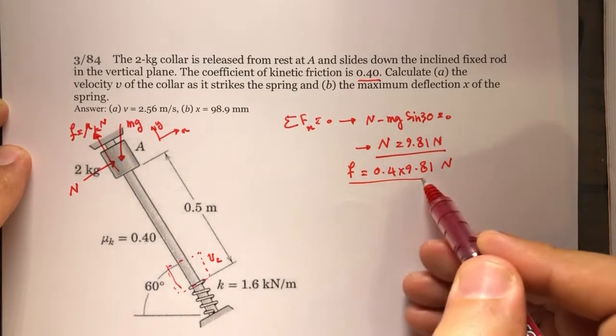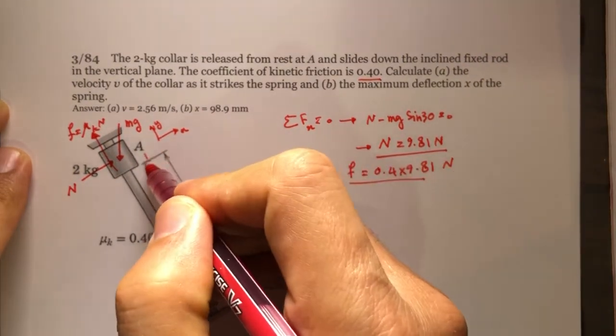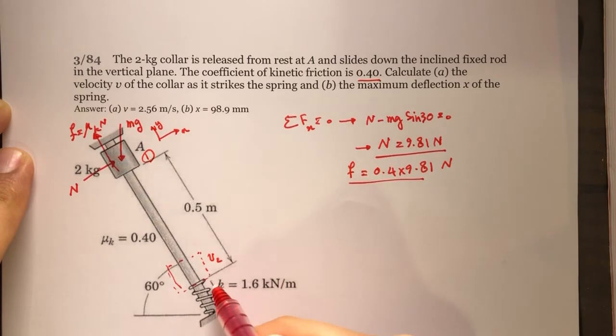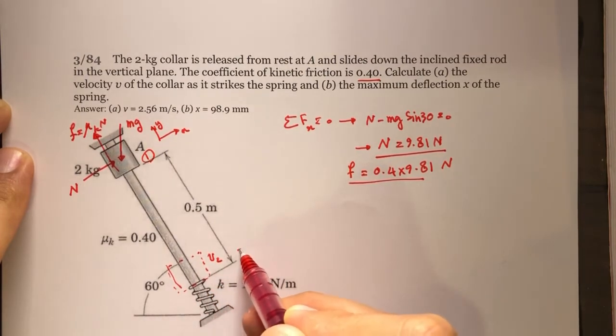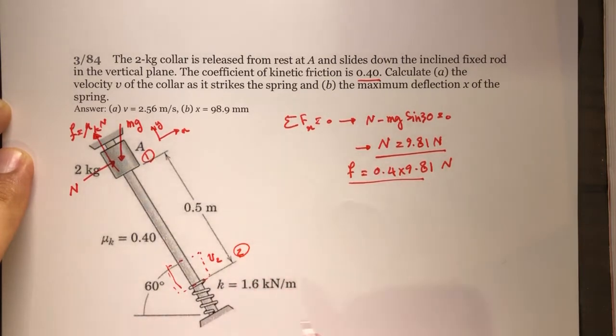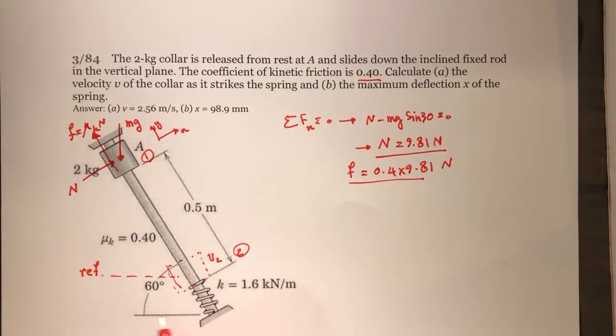Now I can use the work energy equation. Let's call this point 1, and the moment when it is hitting the spring, point 2. Because I have gravitational potential energy here, we need a reference line. You can put the reference line at any height you want, at the bottom or at the top. I'm going to put it here.